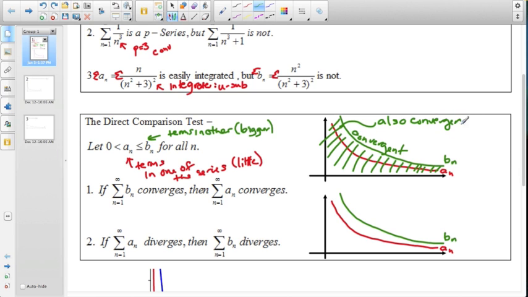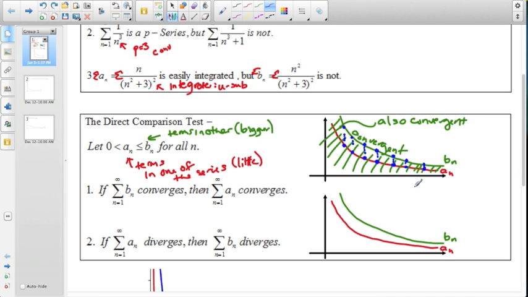The reason is that if B sub n is convergent and we take a term by term comparison, then all of the A sub n terms, which would be lying right here on the red curve, are smaller term by term.